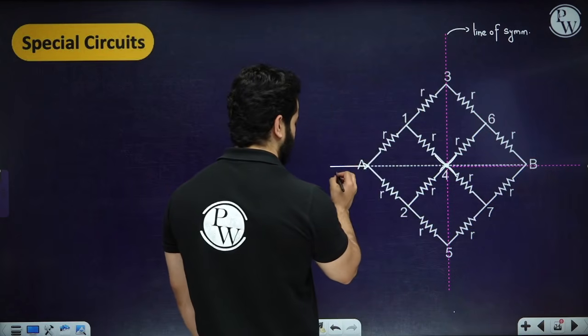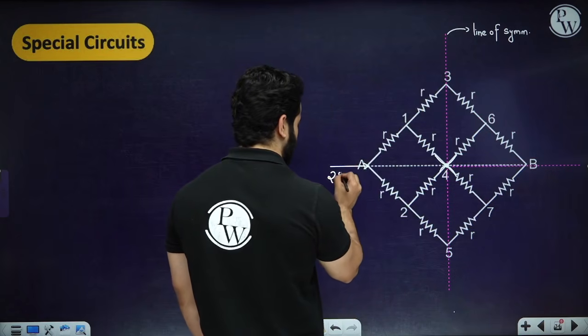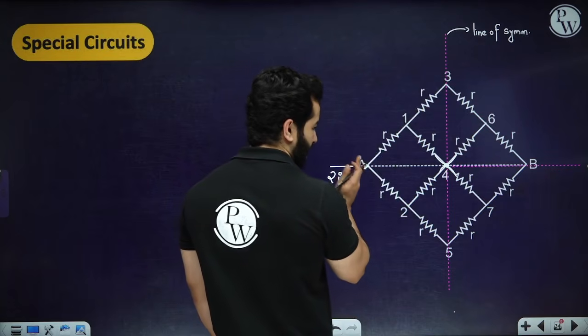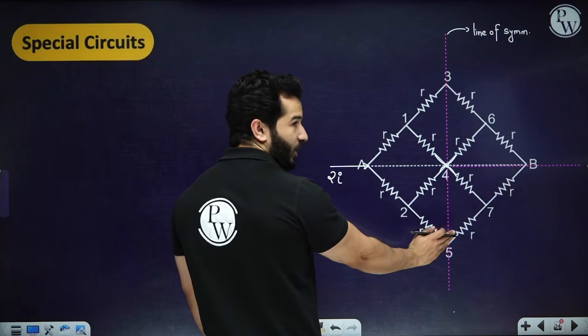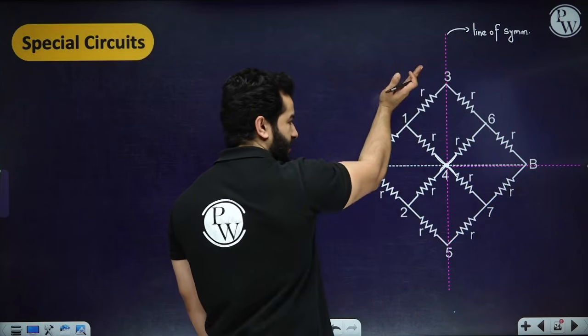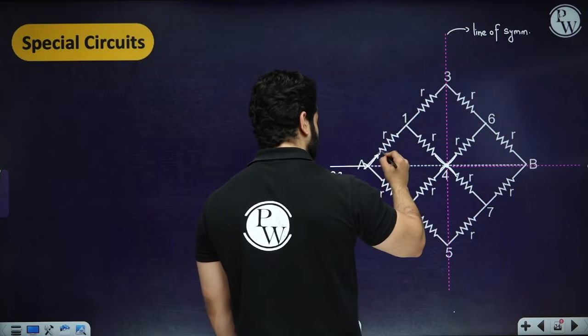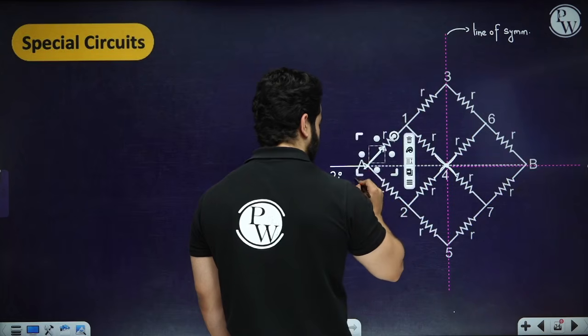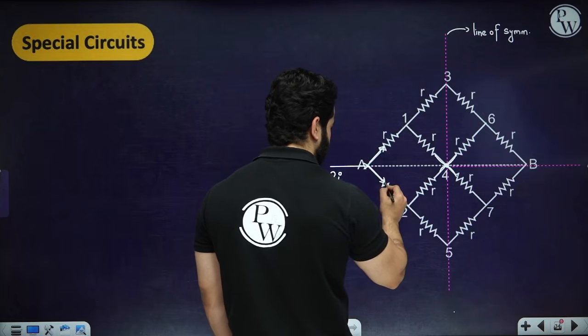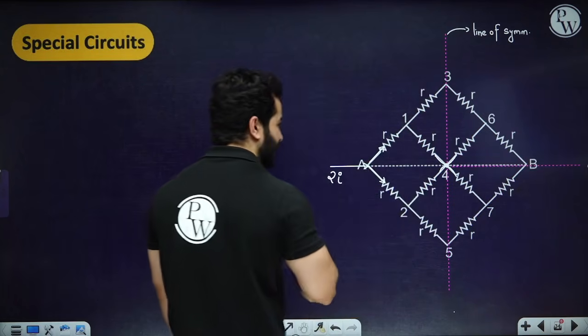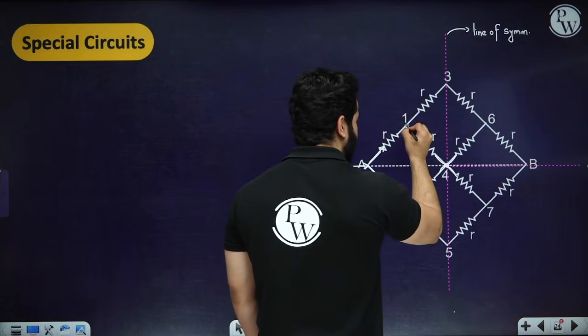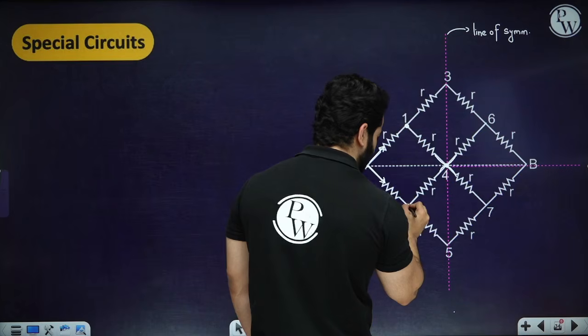Let's say that a current of 2I was flowing in this direction. Equal resistance is in the downward direction and equal resistance is in the upward direction, so equal current will distribute. So I and I, right? Similarly at this point also the same thing will happen, and at this point also the same thing will happen.